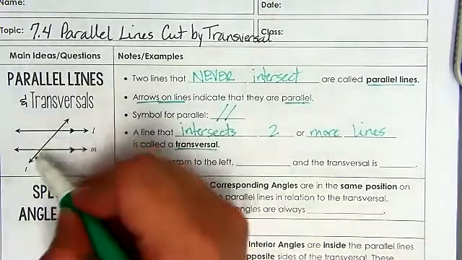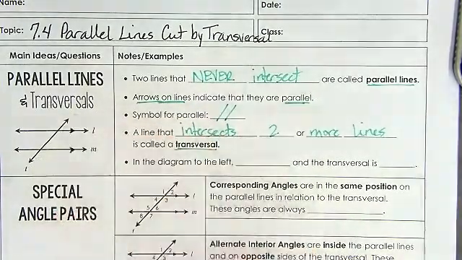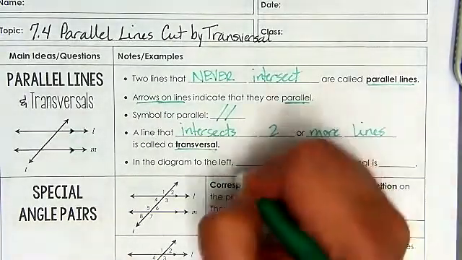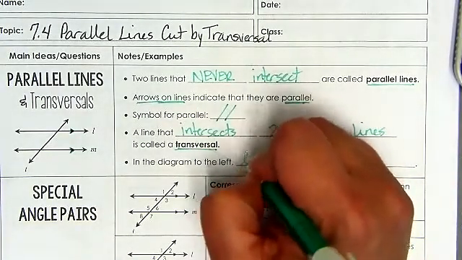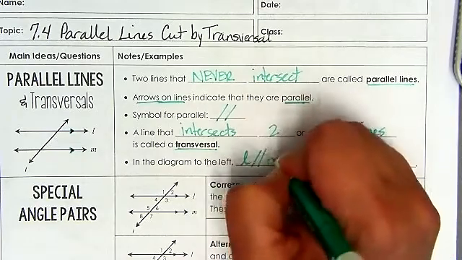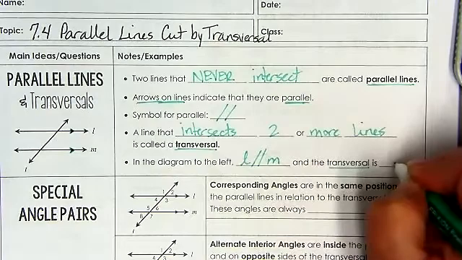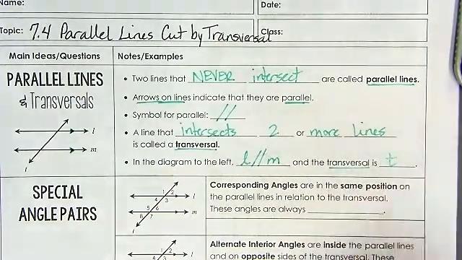So if it cuts through two or more lines, it's called a transversal. In the diagram to the left, you would write L is parallel to M, and the transversal is T.